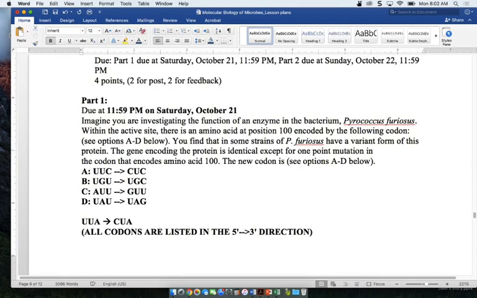For the first one, and again, these are all listed in 5' to 3', UUC to CUC. What does UUC encode? For those that did this particular problem, if you can remember. Do I need to throw up the codon code for us as well?